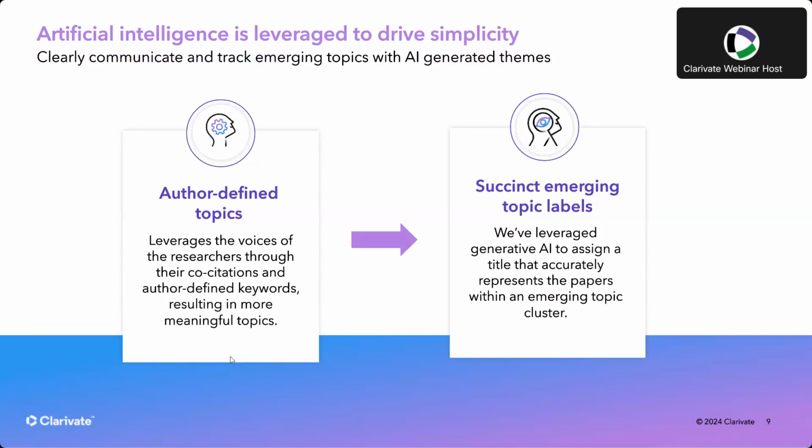But then you get some groups of papers, and using AI, you can assign a name to that group of papers that represents the papers within the emerging topic.